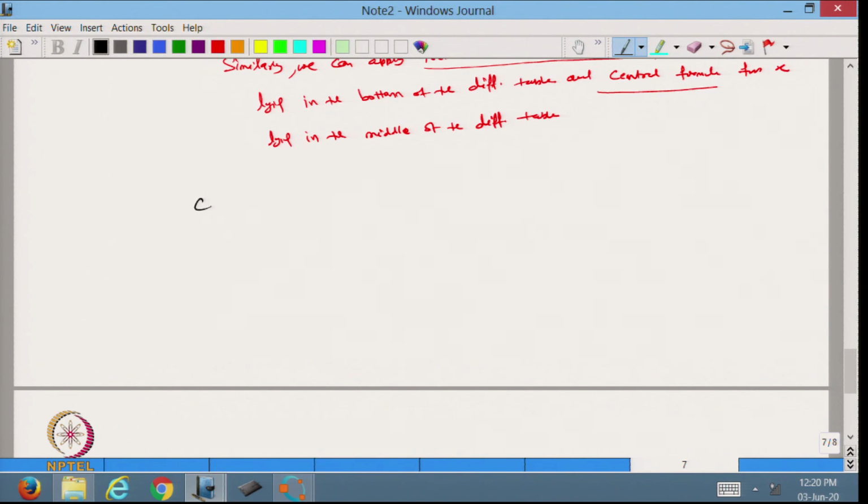Then the next case is case 2, when the data is not equispaced.